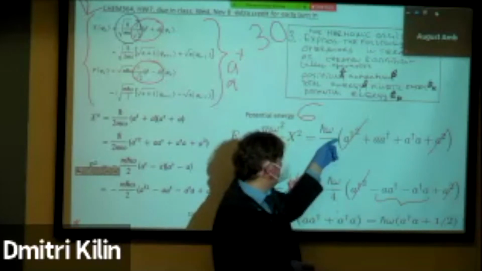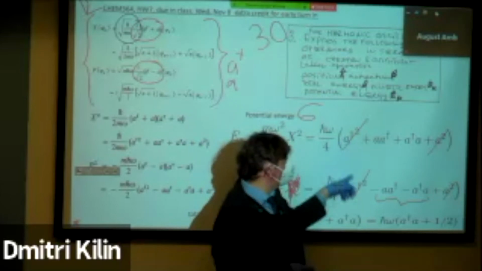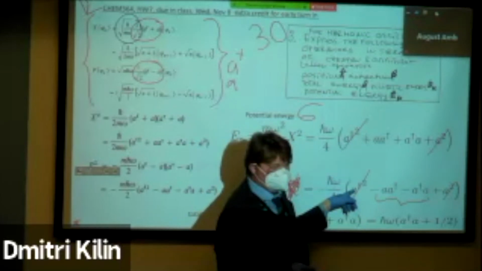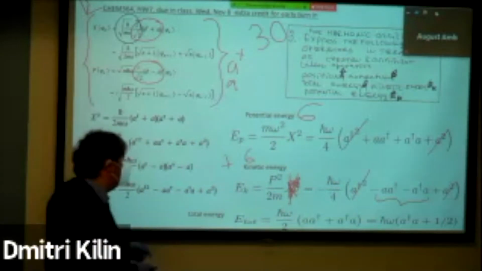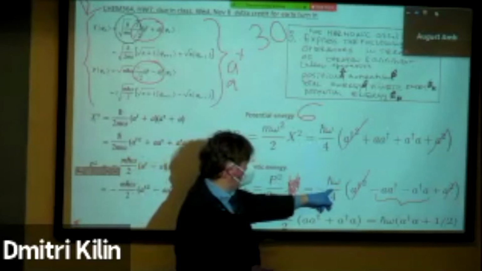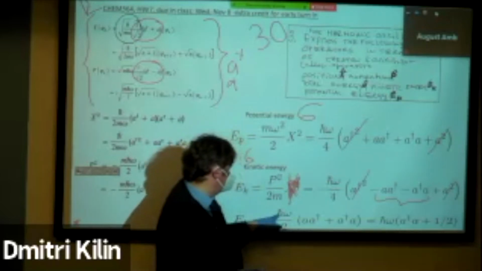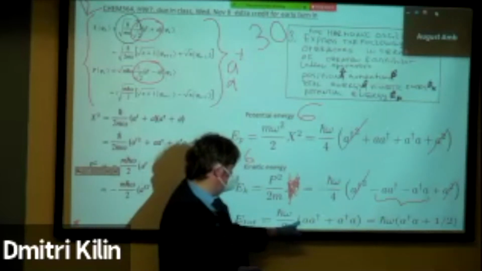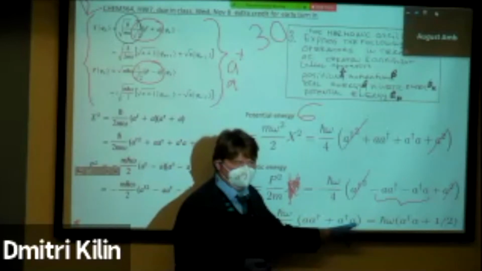And if one adds together kinetic and potential energy, the square terms cancel each other. And if one performs it, the factors up front add together, so h bar omega over 4 twice will be h bar omega over 2. And then one is getting a dagger plus a dagger A.